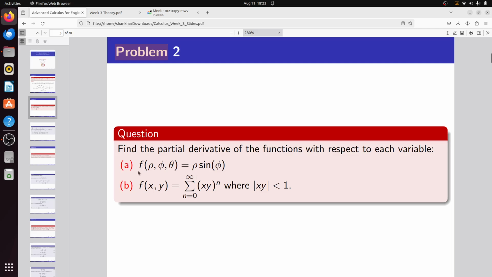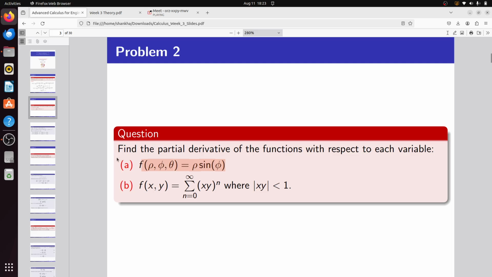What will be the value of del f del rho for the first problem? Sin phi. And what will be del f del phi? Rho cos phi. And what will be del f del theta? 0. Yes, you are absolutely correct.